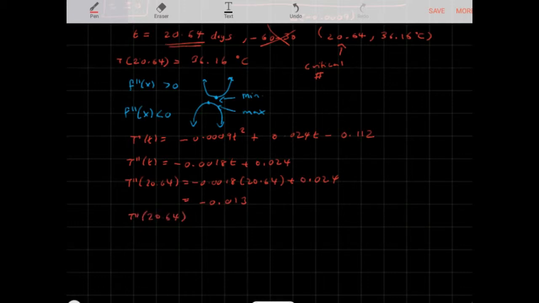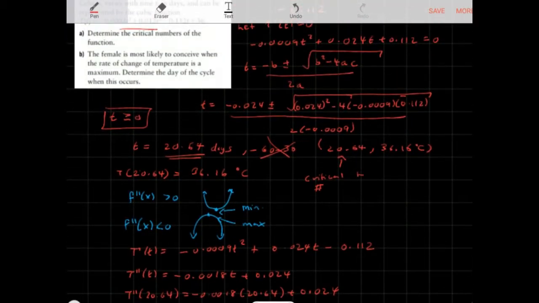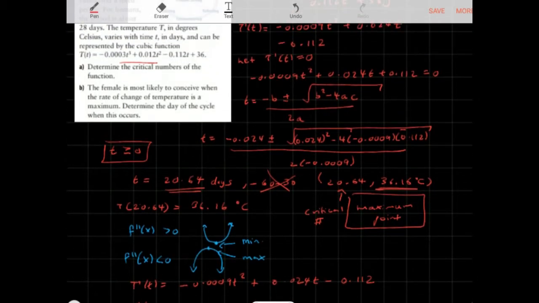So this tells us that the second derivative at 20.64 is less than 0, so it's concave down, and this is a critical number, so this has to be a maximum point. So this tells us that there's going to be a maximum temperature in 20.64 days of 36.16 degrees Celsius.